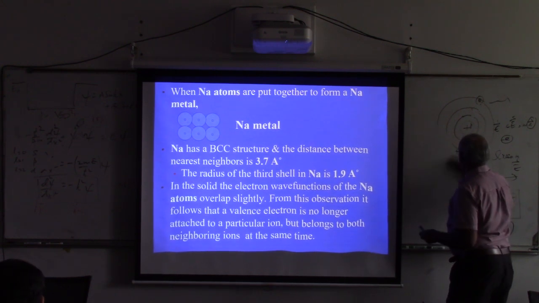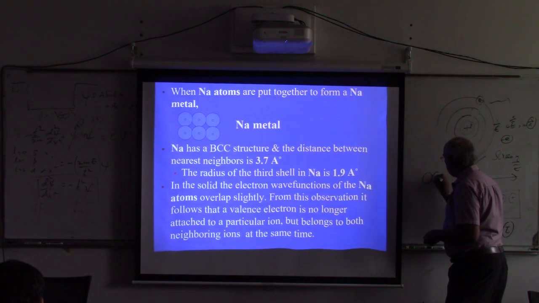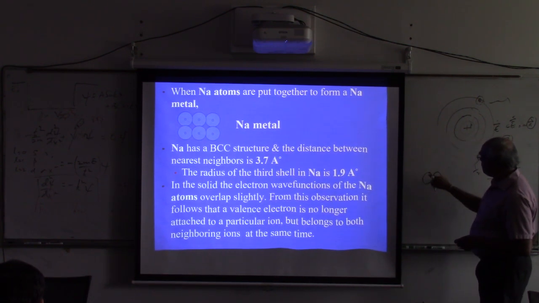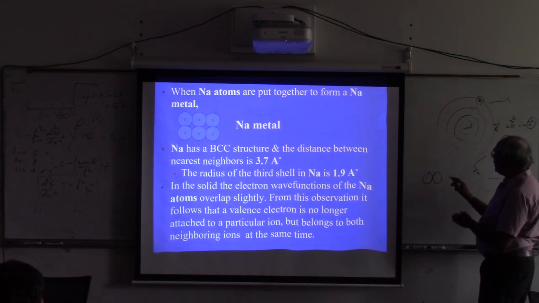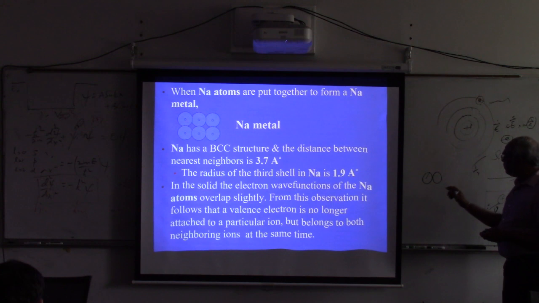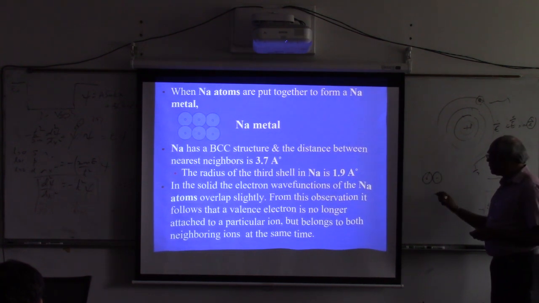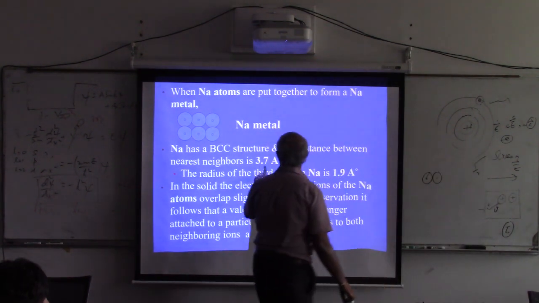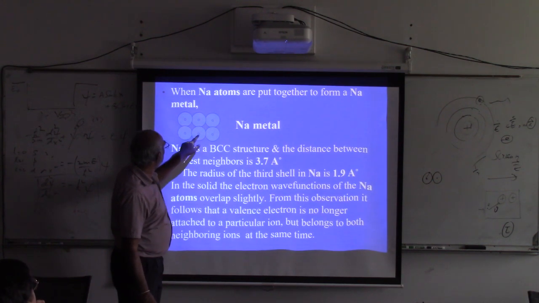So if you look at the crystal, typically if you assume like this, then the electron should have some ionic radius. But if you measure the center to center distance in sodium, the nearest neighbor is 3.7.